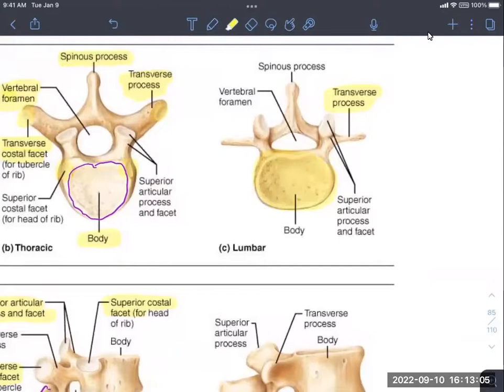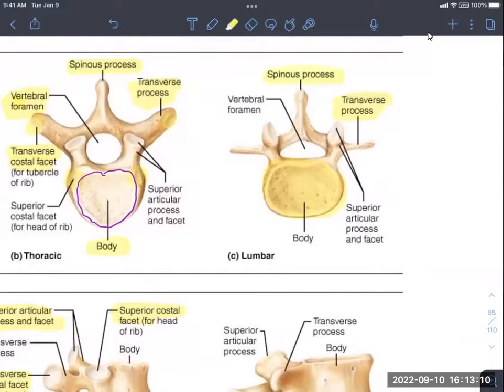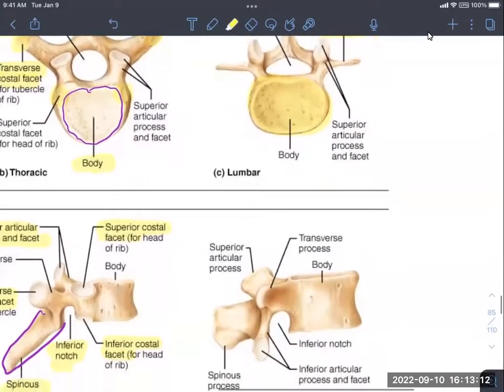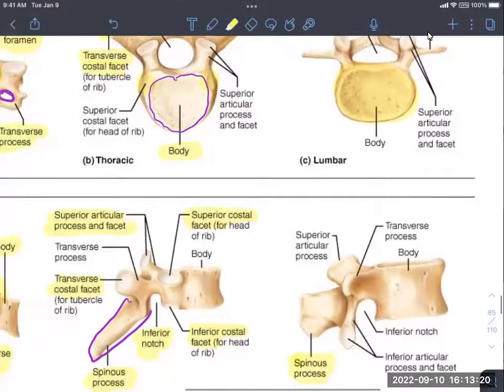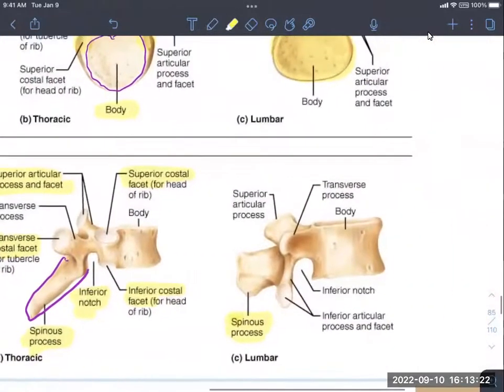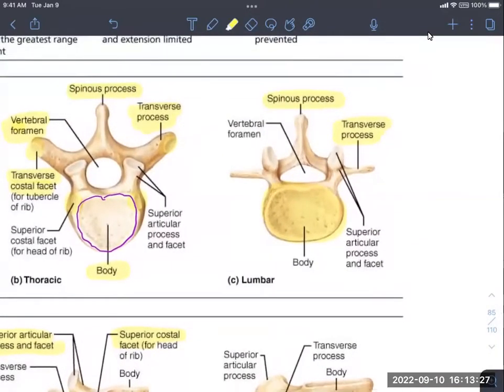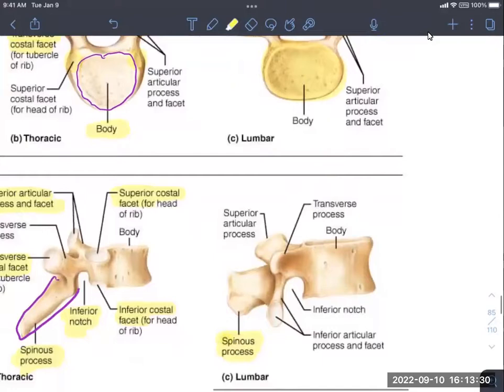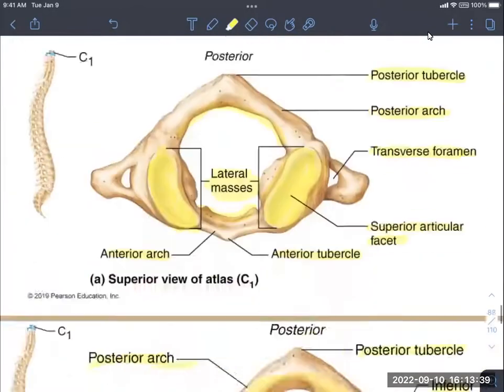The spinous process is also pointing more straight out, as you can see from the side view. The spinous process points more straight out than the thoracic. It's a lot shorter than the cervical ones too, but they still have all the same parts to them. So you learn it on one, all you have to do is be able to differentiate if it's cervical, thoracic, or lumbar.